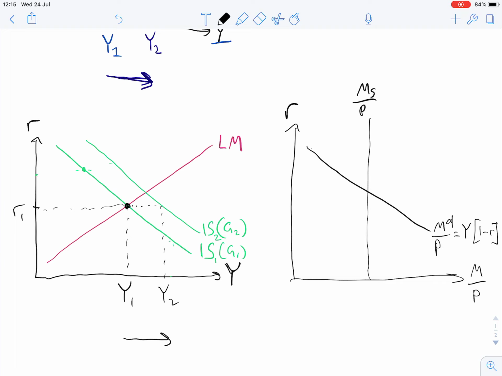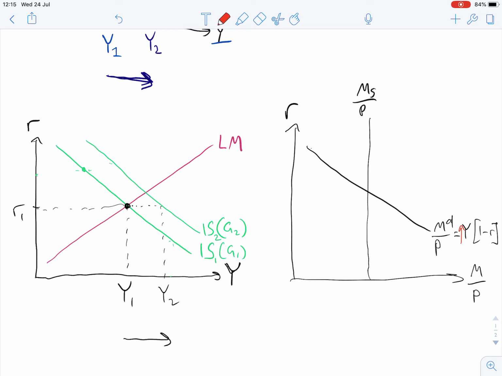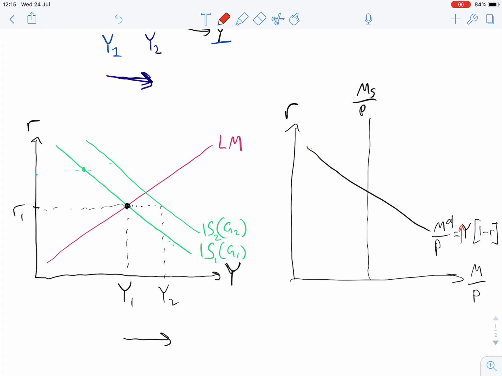Now, let's return to the IS-LM model. We said for a fixed r, we had upward pressure on real output in the short run from Y1 to Y2. What that does in the money market is it's going to shift the money demand function. As we have upward pressure on Y, the money demand function is going to shift to the right.